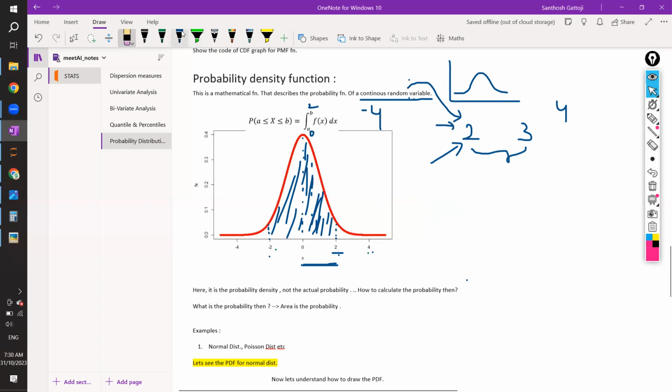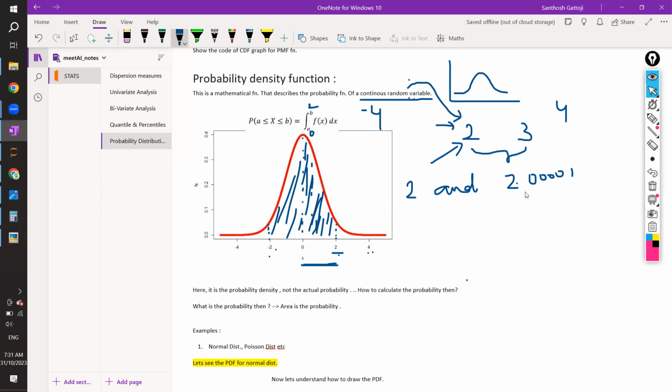Now what we can do here is, there is a small trick. The probability of 2: for 2, what we'll do, we'll calculate the area between 2 and 2.00001, which is almost equal to 0, but you'll have two different numbers.